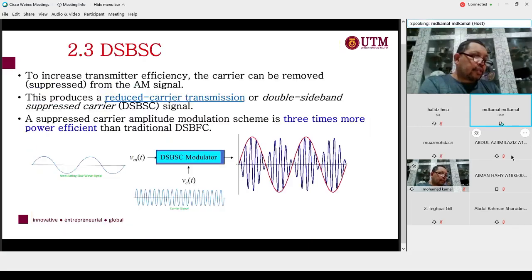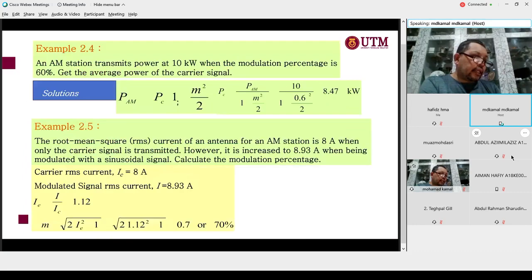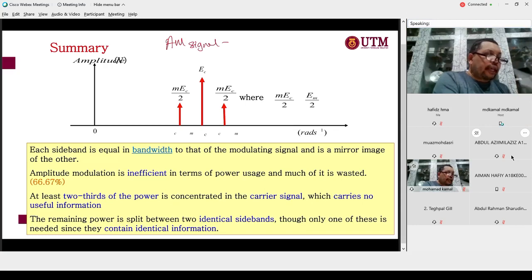As I mentioned to you before, we also can see here as a summary that the AM signal is composed of what?